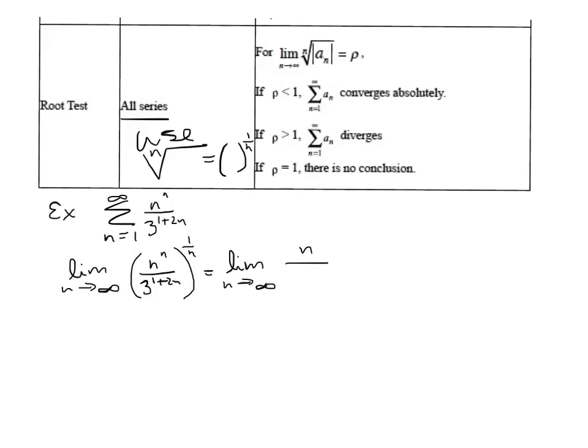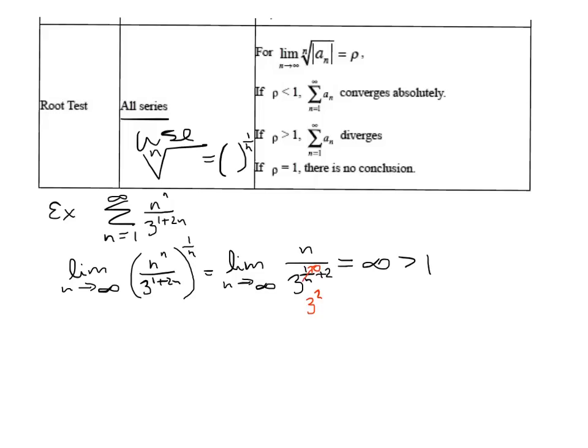You may have to review rules of exponents to see that what I'm doing here really is legal. When I take the limit, as n goes to infinity, 1 over n goes to 0. And so essentially in the denominator, I get 3 squared, so just 9, and in the numerator, I get infinity. So in this limit, we get infinity.